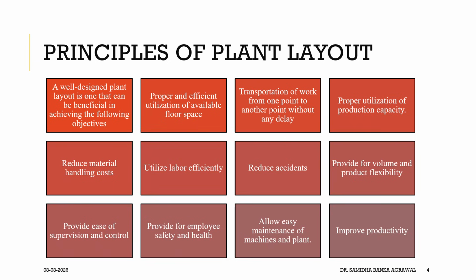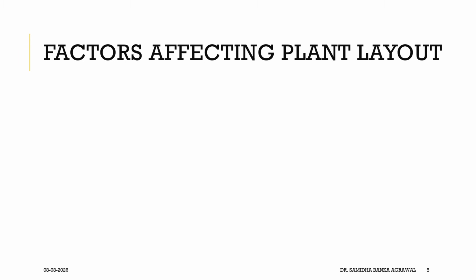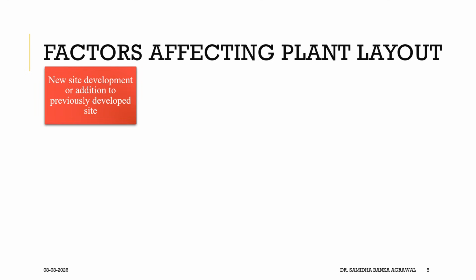Okay, now that we have understood how we should have a plant layout, let us see the factors that affect the plant layout. There are several factors that influence the design of a good plant layout. First one is whether the plant is being constructed on a new site or is being added to an existing facility.